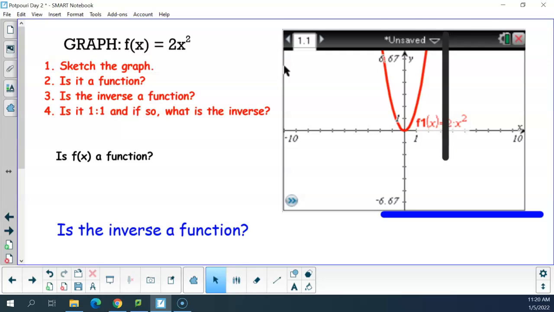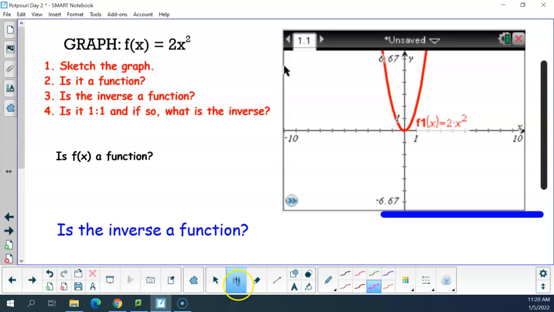So I take my vertical line and start on either side, and I drag it all the way across, making sure it only ever touches in one location. Yep, that one works, it checks out. Yes, this passes the vertical line test.